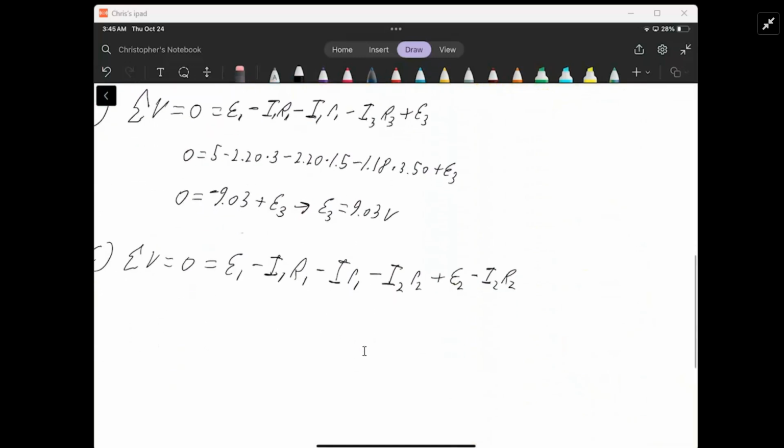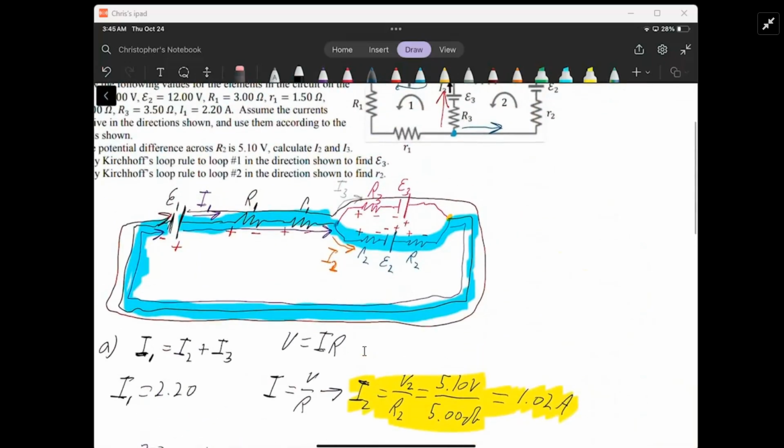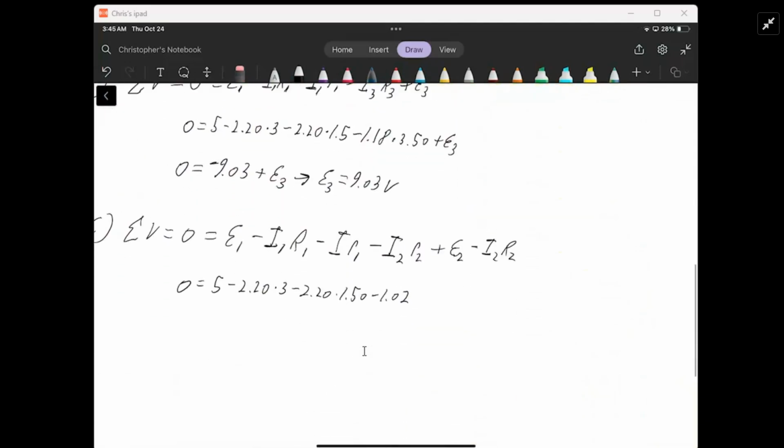So now let's plug in all the values, and you're going to get 0 equals 5 subtracted by 2.20 multiplied by 3 minus 2.20 multiplied by 1.5 subtracted by 1.02, and we're looking for lowercase r2, so we're going to keep that the same, plus 12 because E2 is 12, and then we're subtracting 1.02 multiplied by 5.